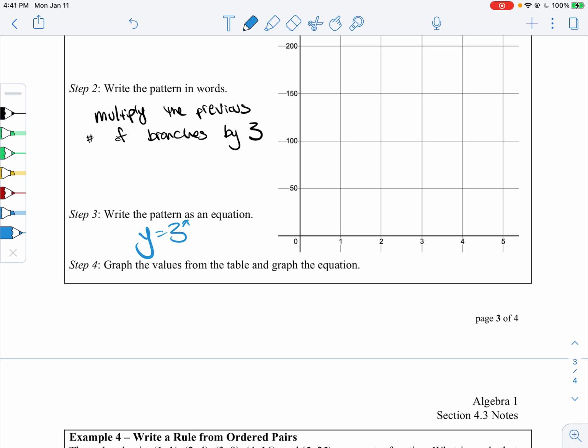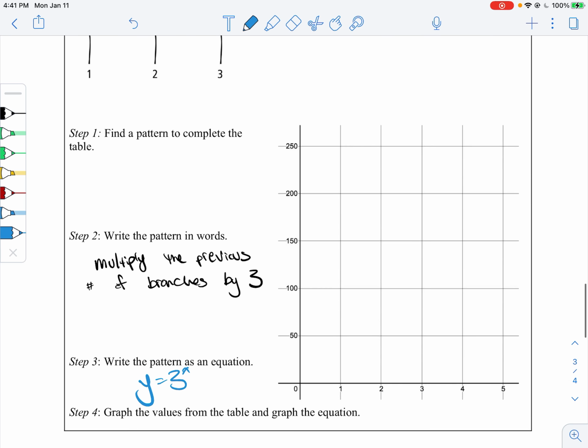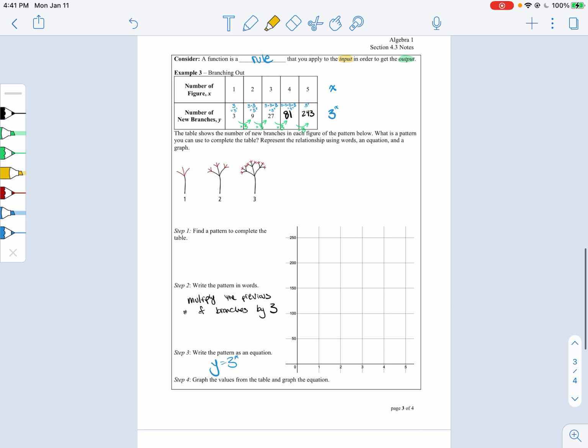And now all you have to do is graph it. You just look at the table and you plot those points in. So the number of the figure that we have, the steps in drawing it, is our x-axis. That's our independent variable. And then the number of branches depends on what step we're on. That's our dependent variable that goes up here. I missed the axis.